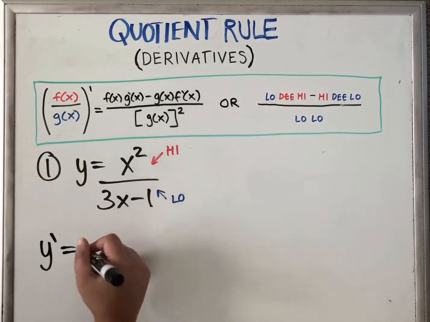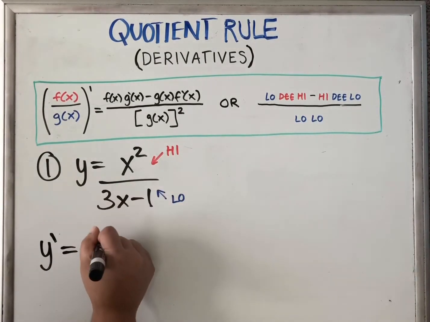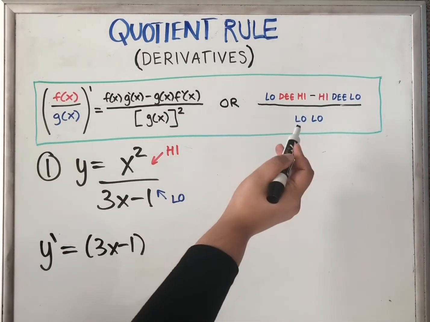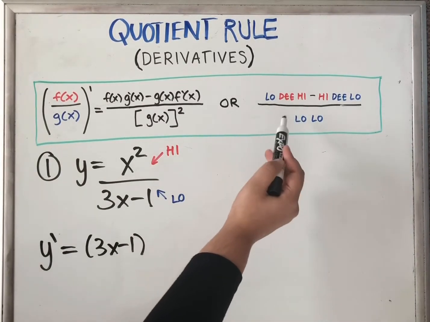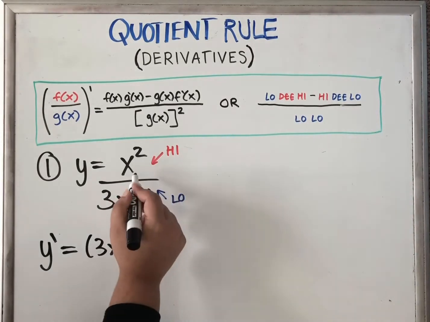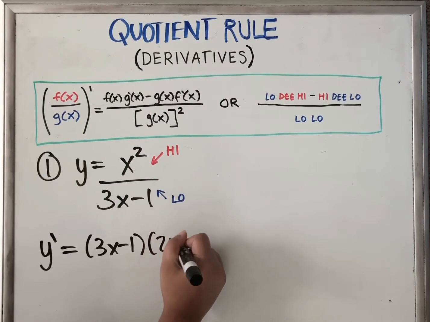So again, y prime equals low, our low function here, 3x minus 1, times d high. And again, d means derivative, so this is the derivative of our high function. The derivative of x squared is 2x by the power rule.